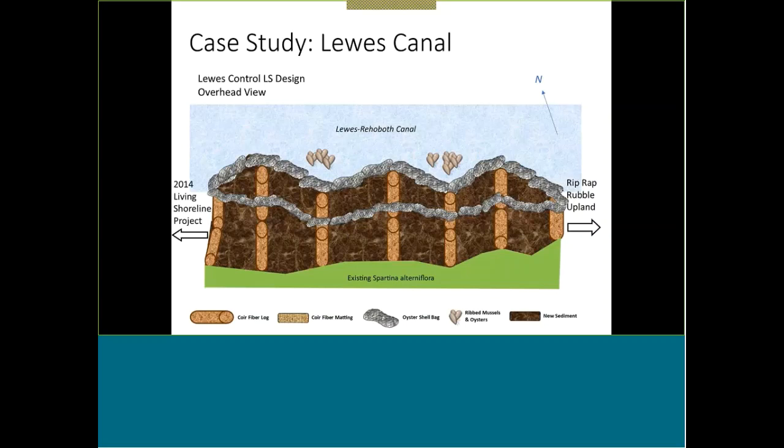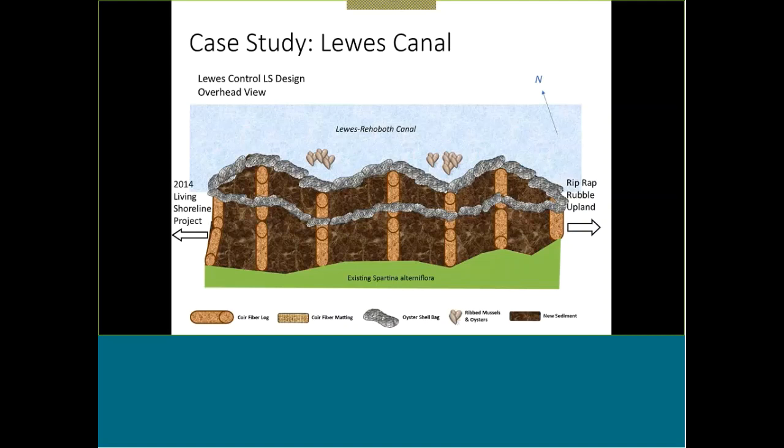What we've designed for this project is a winding shoreline edge that will account for the offshore oyster beds, and also be able to build up from the shoreline edge all the way to what's left of the existing Spartina, reaching that elevation. Because it is a fairly big drop, we created not one but two shoreline edges. So this is all with oyster shell bags.